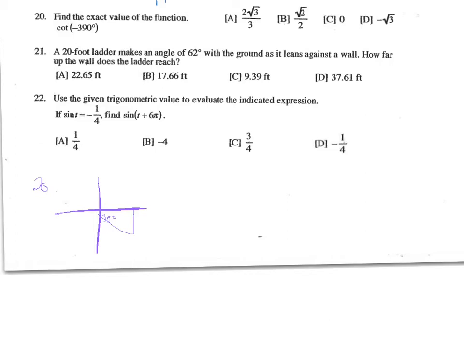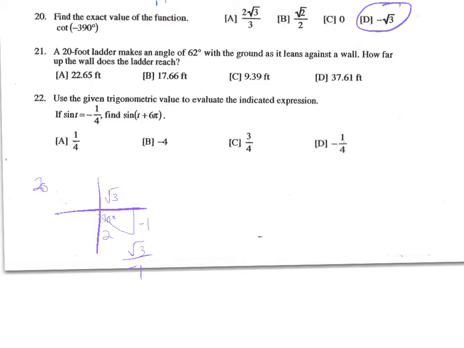And we know that the opposite side would be negative 1. The adjacent side would be root 3, and the hypotenuse is 2. So the cotangent, instead of opposite over adjacent, would be adjacent over opposite. So negative root 3 would be the answer.